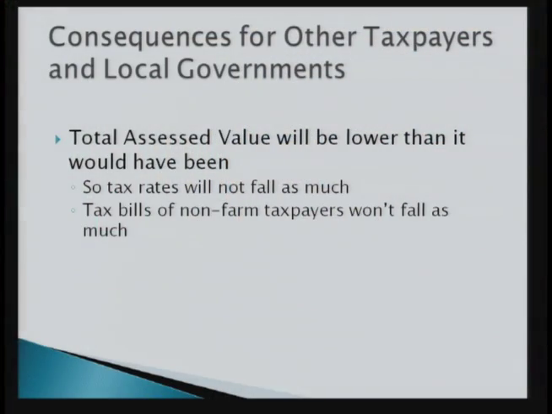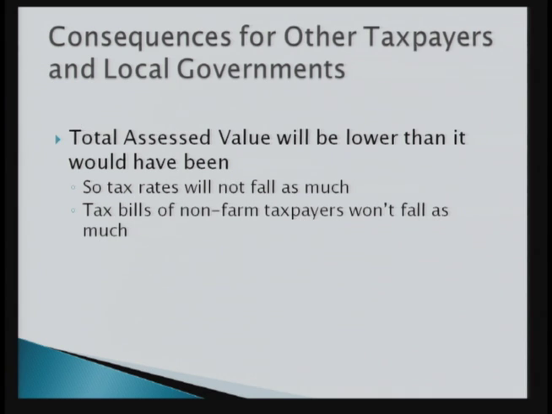There are consequences for other taxpayers, however, from this change, and you can see on the next slide one of those consequences. Because of the change in the way we assess farmland, we're going to reduce the total assessed value, especially in rural areas where farmland is an important part of the tax base.